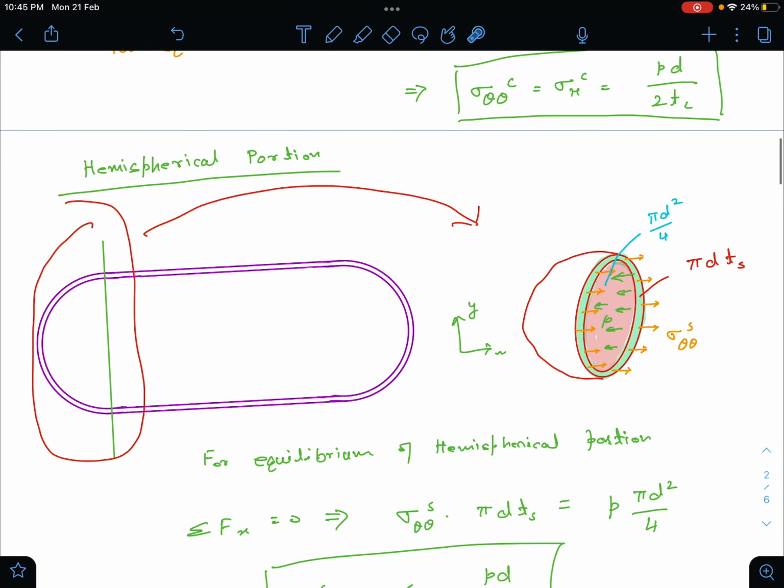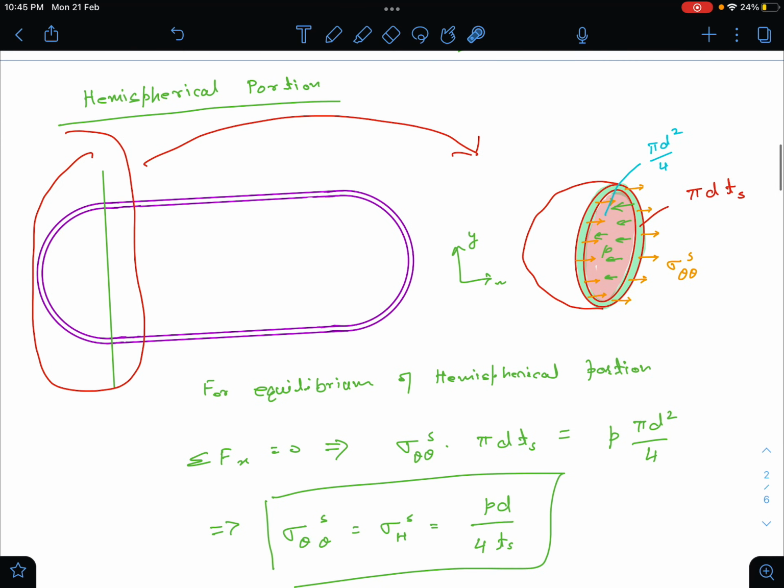Okay, now again if we consider the equilibrium condition of this hemispherical portion, then net force in x direction should be 0, and this will provide us sigma theta theta acting on this area pi d ts should be equal to P times the projected area of the hemispherical shell.